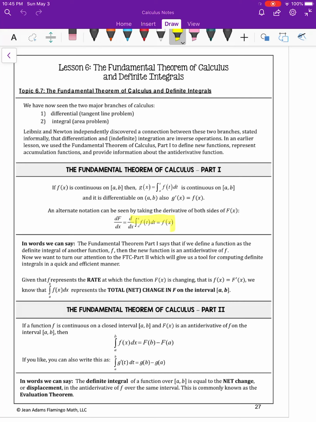So an alternate notation can be seen by taking the derivative of both sides. And so anytime you see that derivative of an integral like that, more specifically just this piece right here, the derivative of the integral.